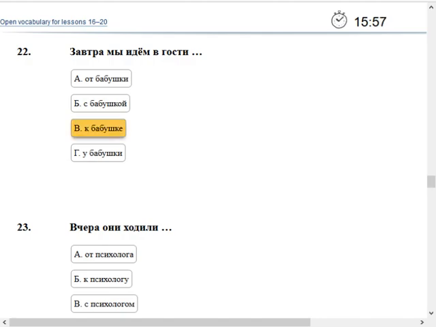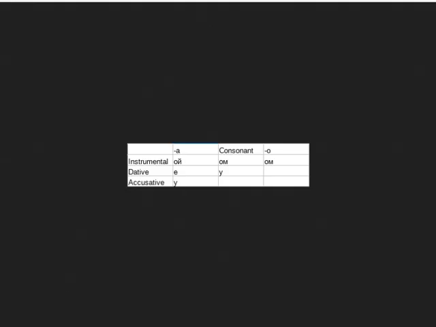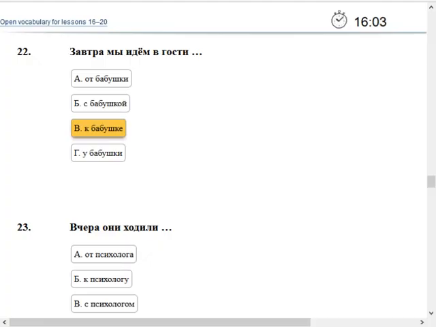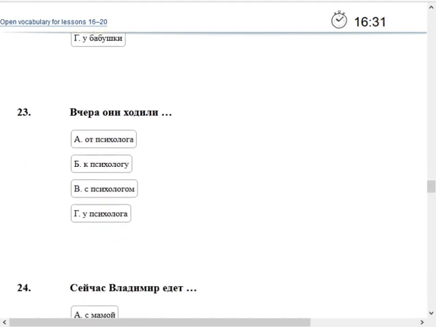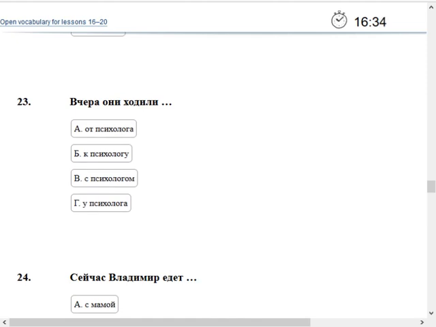If you look in the table, you can see babushka becomes babushkie in the dative case, so that's correct. But there's only one option for ka. It's more about knowing, is it ot or sa or ka or u babushka. So ot is like from babushki. S is with babushkoi, and U is like at babushki. So in Russian you say we went k babushke, we went to babushka to be her guests at her house. Вчера они ходили, so they went yesterday.